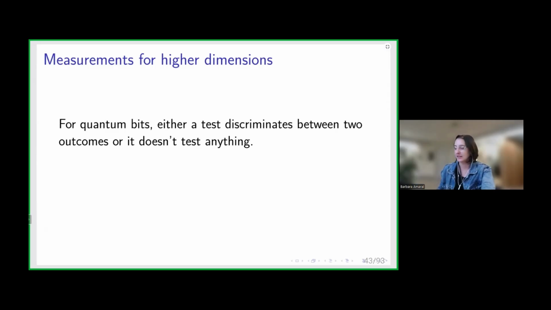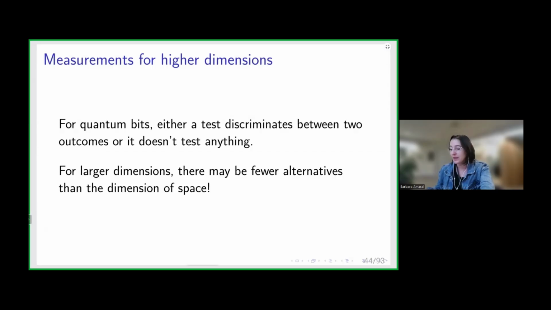It's not testing anything, it's not distinguishing anything. So it doesn't really make any sense to talk about degeneracy for one qubit. But when you have higher dimensions, then degeneracy becomes an important thing to worry about. And you may have fewer alternatives than the dimension of the space.